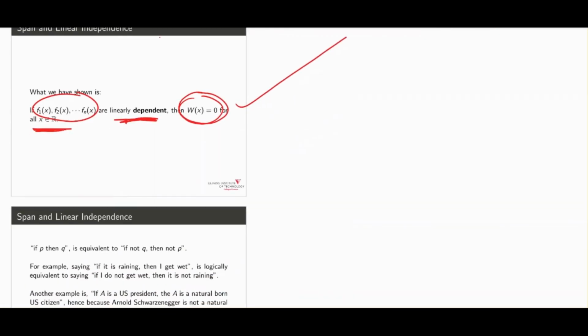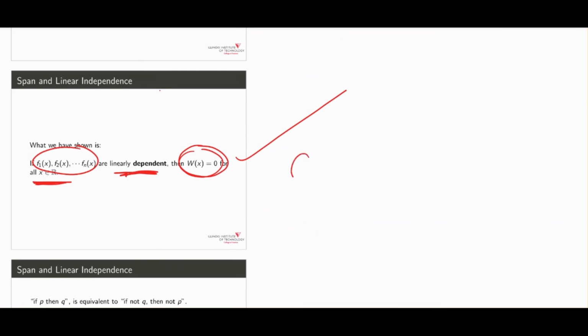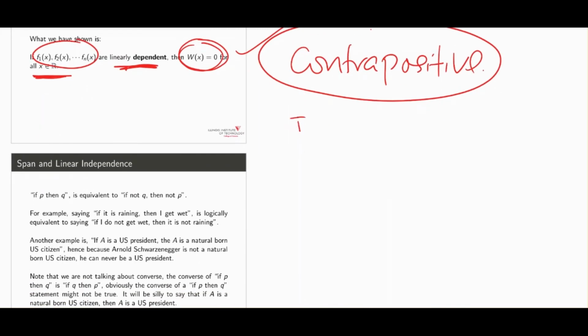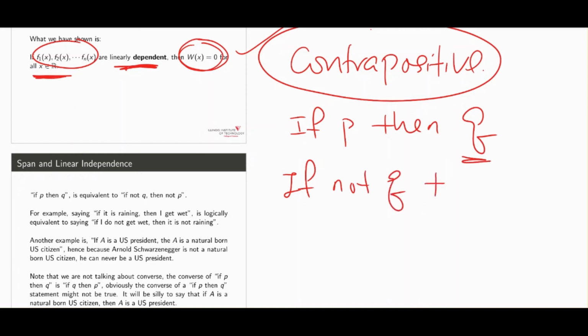Okay, so I'm going to talk about something some of you have seen before, and in our homework we have also done this. This is called the contrapositive. The contrapositive of a statement of the form if P then Q is if not Q then not P. So you negate both.